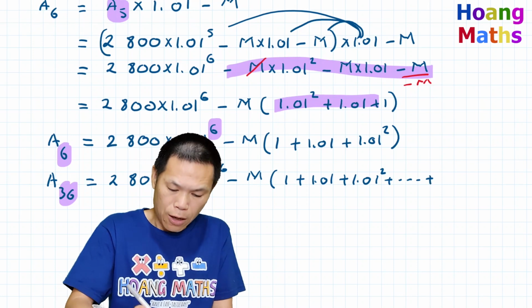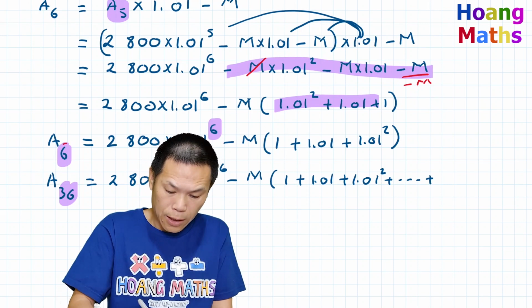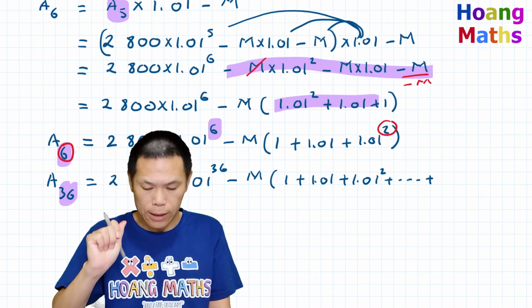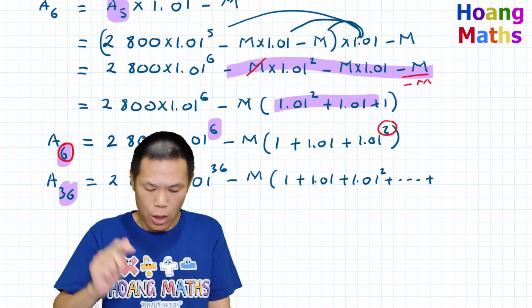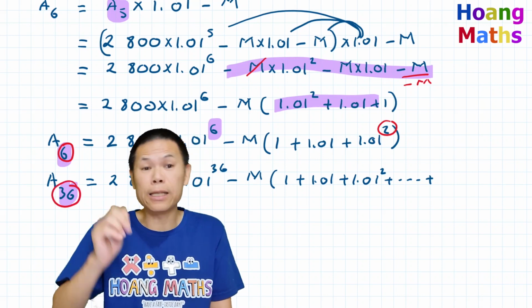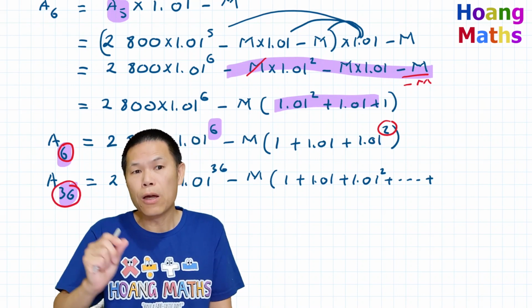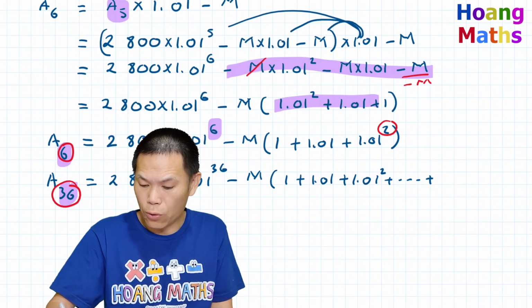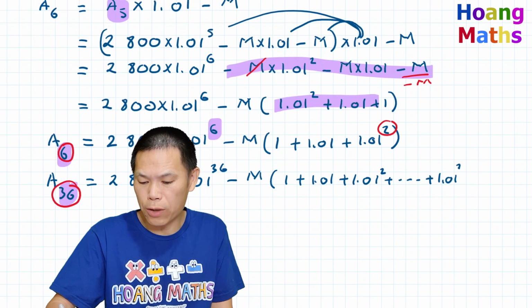Now, don't forget, because this is A6, this is power of 2. So the difference is 4. So 6 minus 4 is 2. Therefore for A36 the difference should also be 4. So 36 minus 4 is 32. So 1.01 power of 32.